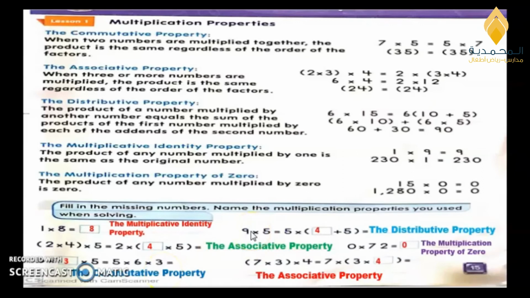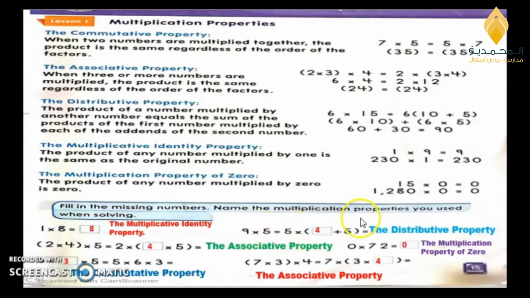Let's do this. 9 times 5 equals 5 times a number plus 5. Look, here we order the numbers again, right? So the number here is 4. Why? Because 9 times 5 equals 5 times, this is the 5 and this is the 5.